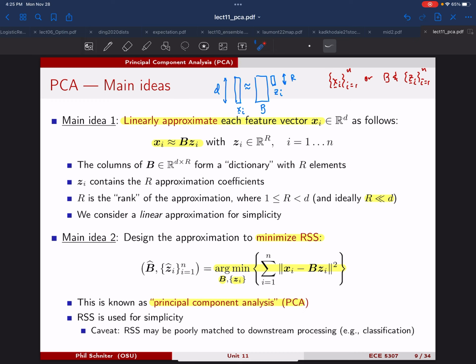It could be that when you're doing classification, the things that you really need to distinguish which class your xi comes from might actually be thrown away in this criteria. Maybe this is focusing on things about xi that are useful for approximating xi, but not useful for classification. So there could be a mismatch between this particular design that PCA uses and the task downstream, so you just have to keep that in mind.